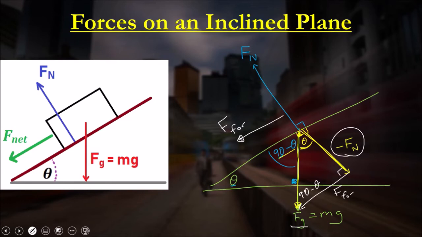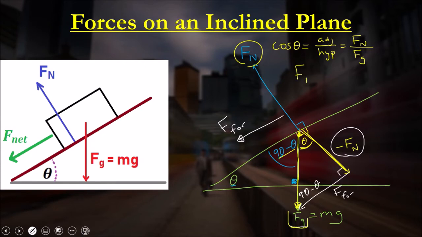So we know that it's adjacent over hypotenuse, in this case, Fn over Fg. The only reason why I'm writing Fn is just to make things simpler. You can write it as a negative if you want to show the different direction, equals cos theta. So if I want to find my Fn component using Fg, Fn equals Fg cos theta.